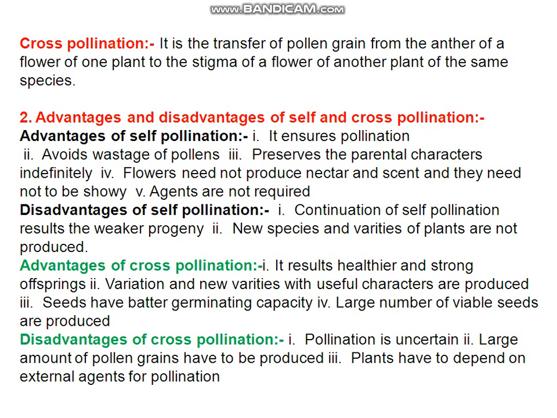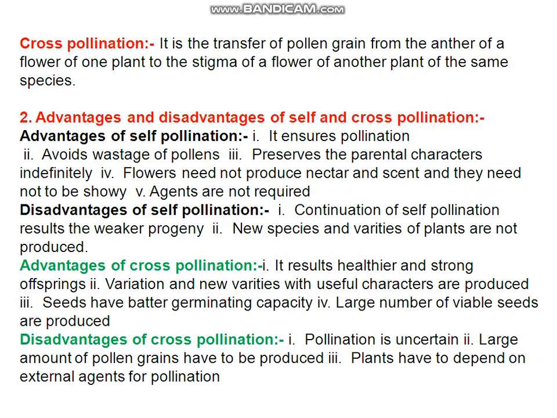Now we are going to the next point, that is advantages and disadvantages of self and cross-pollination. At first we will learn about the advantages of self-pollination. Advantages of self-pollination: it ensures pollination.